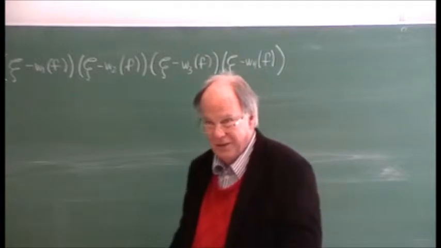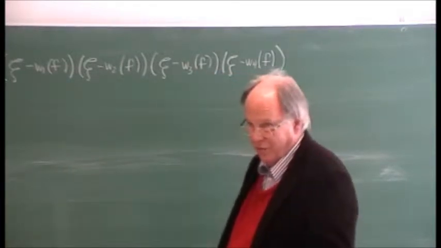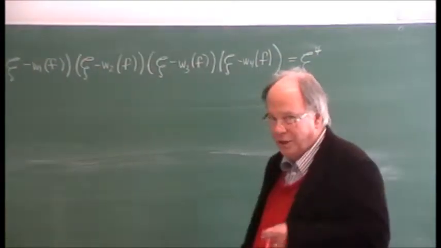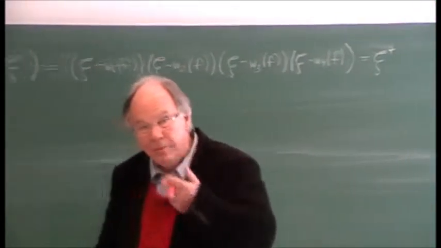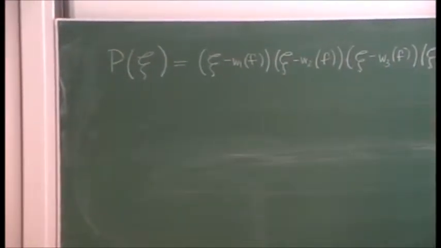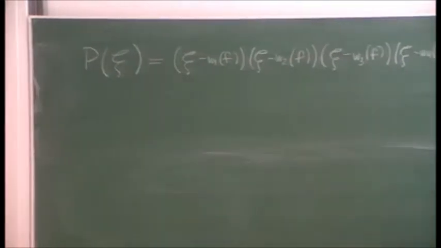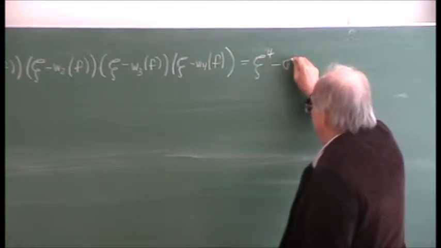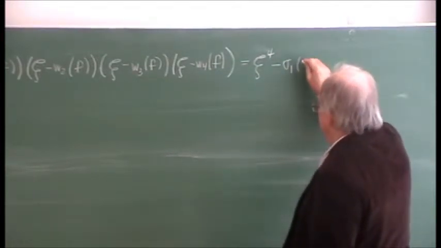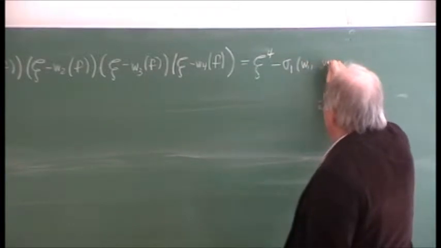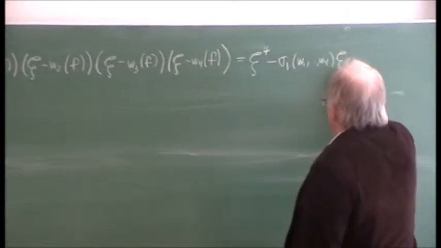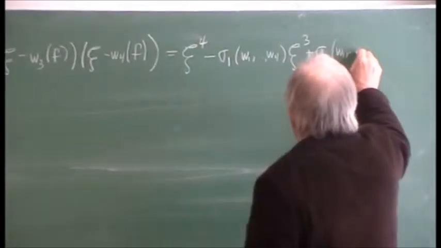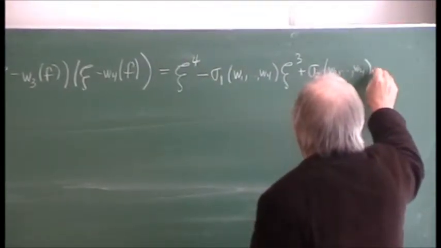I know many of my friends who don't understand this right, so think about this carefully. And this is zeta to the 4th. You even notice that it is what we call a monic polynomial in zeta. And I don't know your notation, but maybe your notation is the first symmetric function in the W1 to W4, zeta cubed, plus the second elementary symmetric function, these values, minus and so on.